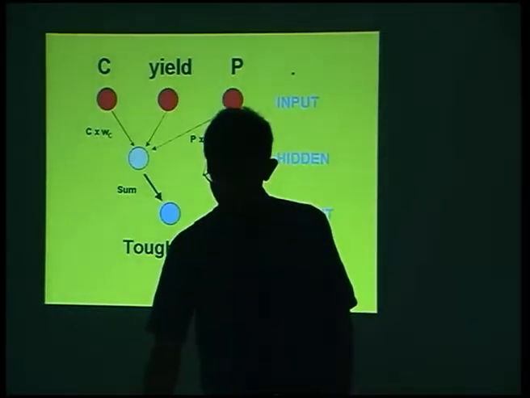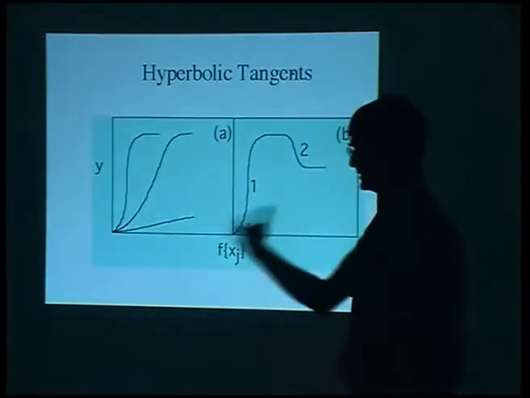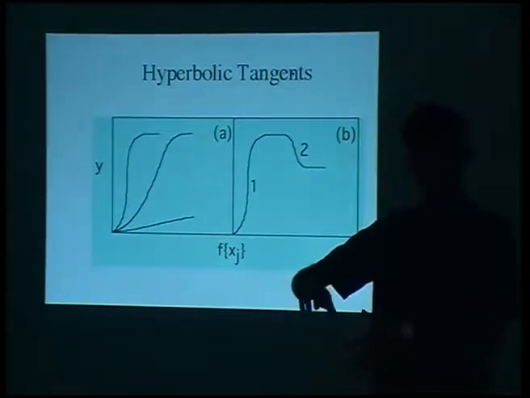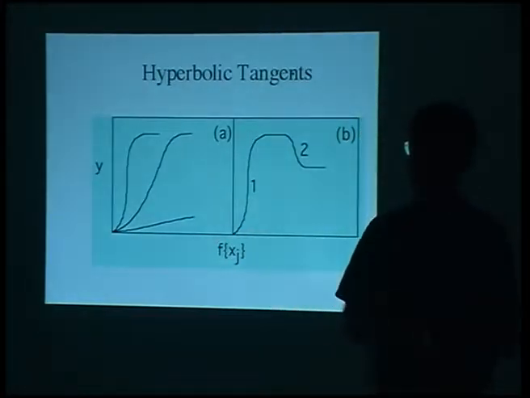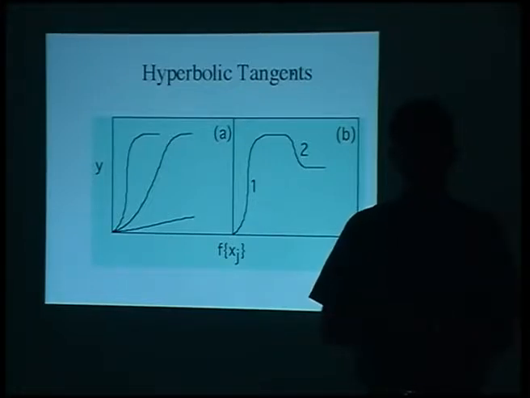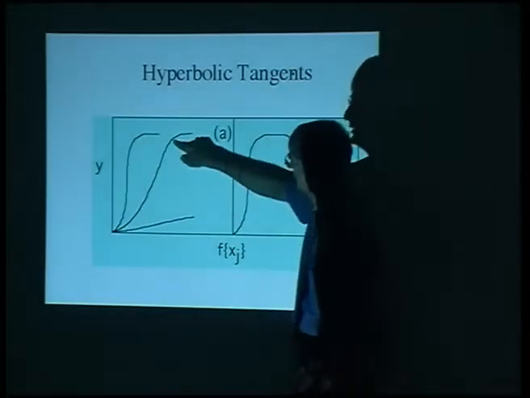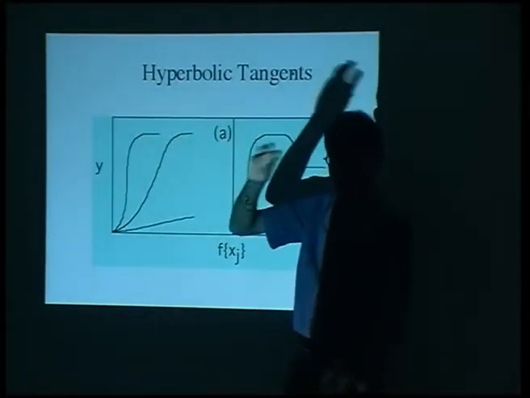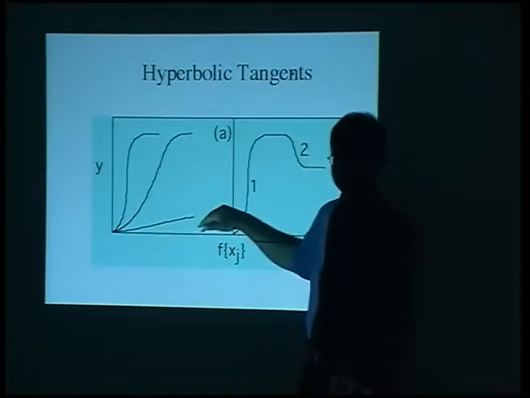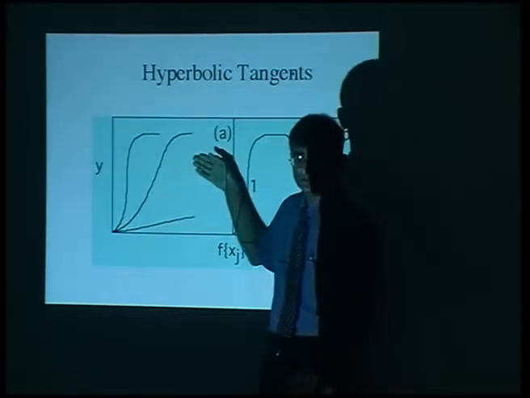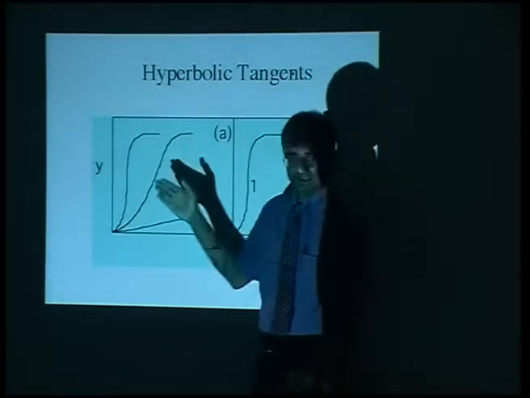Now to make it nonlinear, instead of taking carbon, multiplying it by a weight, and then adding it to the others, we take carbon multiplied by a weight and take its hyperbolic tangent function. Okay? Now hyperbolic tangent looks like this. Okay? And depending on the value of that weight, it can be almost a straight line, it can be very gentle, or it can be very steep.